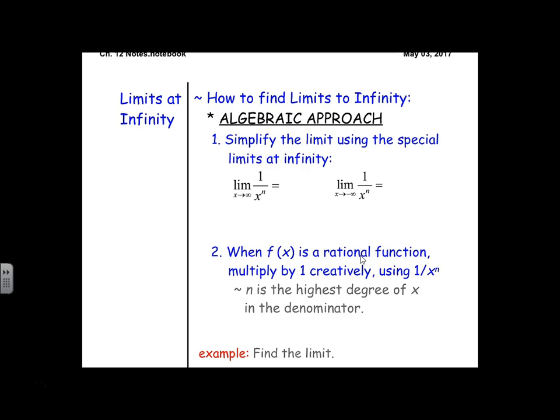Think about the function: 1 over 10, 1 over 100, 1 over 1,000. It keeps getting smaller, 0.001. Think about the function 1 over x. Is the 1 going to change? No. What changes? x. And as x goes to positive infinity, with x to any power, who's going to win, the top or the bottom? The bottom. And as the bottom wins, what does that mean?